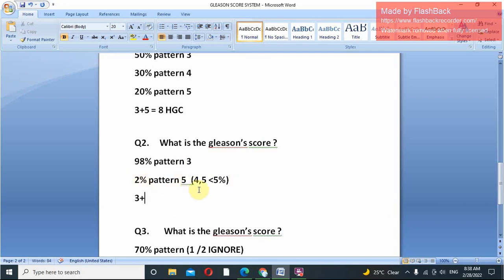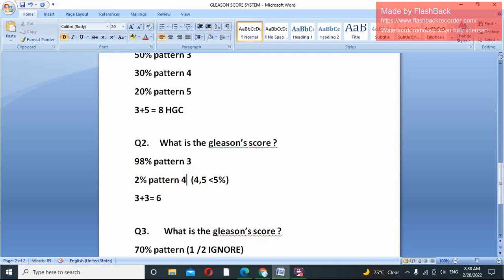No, because if the 4 and 5 pattern is there and it is less than 5%, we have to ignore 4 and 5, because it's really less than 5%. Just write 3 plus 3 and the answer will be 6. Because it's really less than 5%, we have to ignore 5, and if it is 4 also we have to ignore.